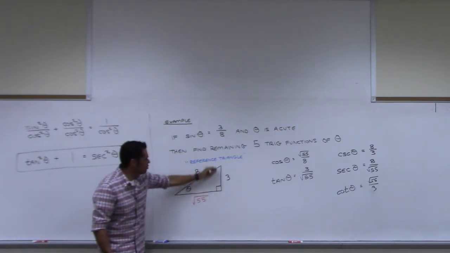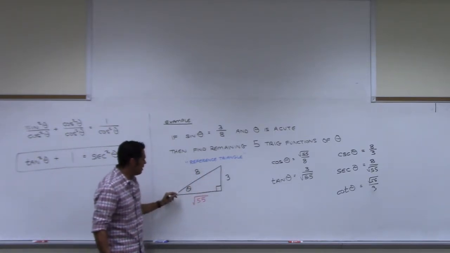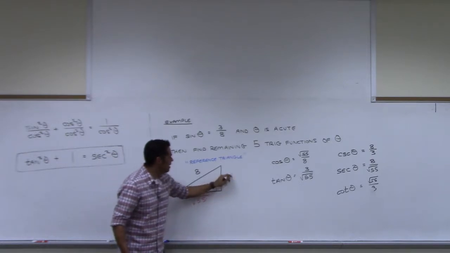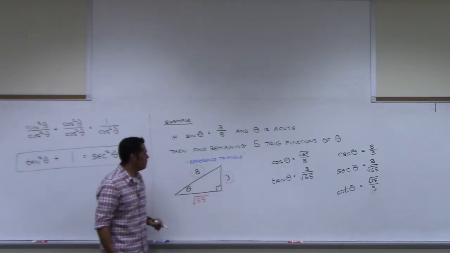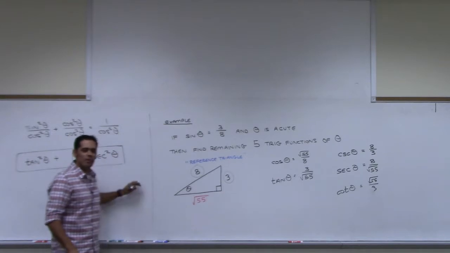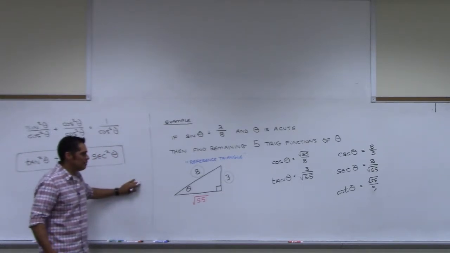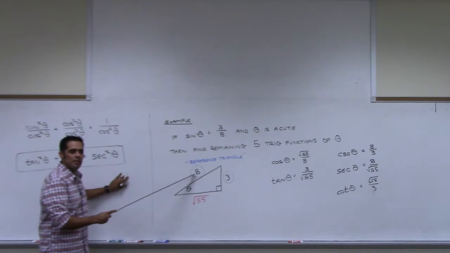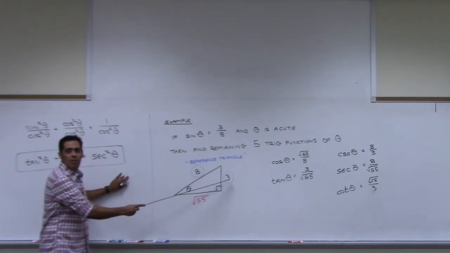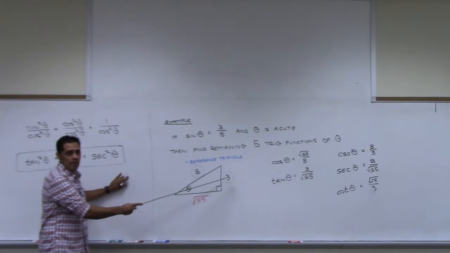If I draw a triangle, no matter how I draw it, if I'm looking at sine, I'm taking this number and dividing by this number. That ratio can never be bigger than what? Why can't it be bigger than 1? This is the hypotenuse, right? This side has to be bigger than this side, or at the worst, the same.